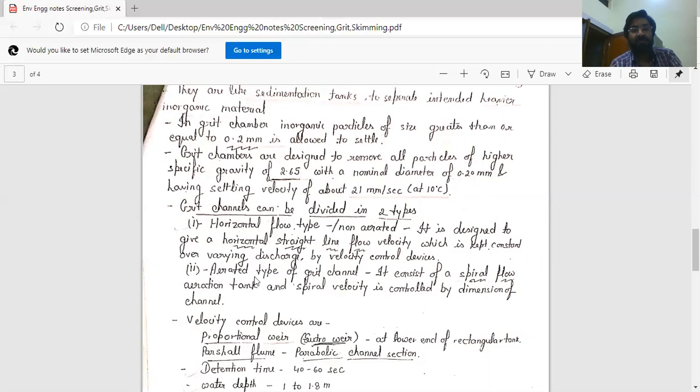Aerated type means where oxygen is there. Second, aerated type of grit channel consists of a spiral flow aeration tank, and spiral velocity is controlled by dimension of channel.